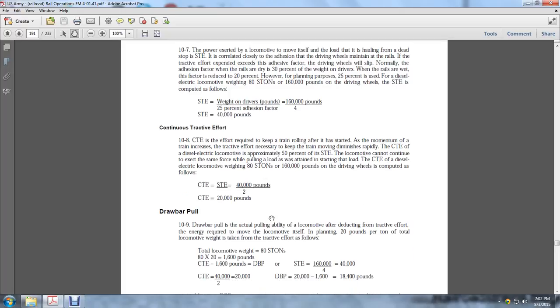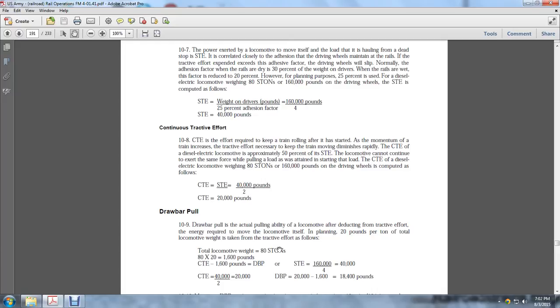A drawbar pull is the actual pulling ability of the locomotive, deducting the traction effort and energy required of the locomotive itself. Assuming 20 pounds per ton on the locomotive weight as the traction effort, it is as follows. The total locomotive weight is given as 80 short tons, or 80 short tons times 20, which gives you 1,600 pounds.